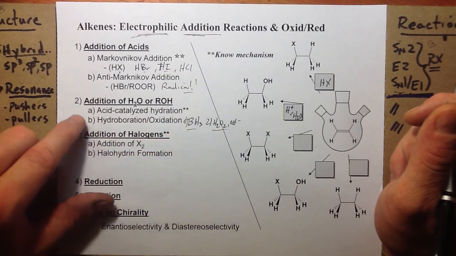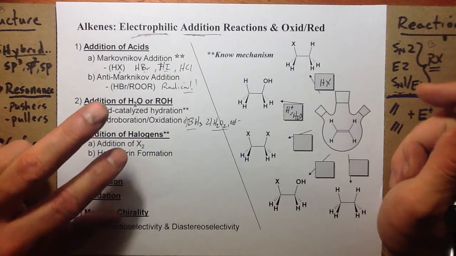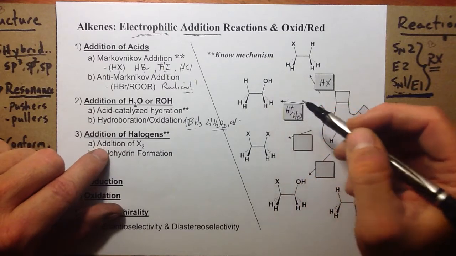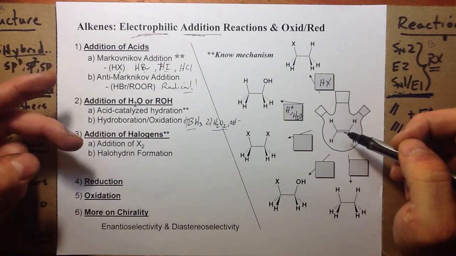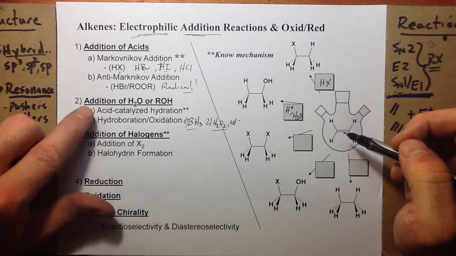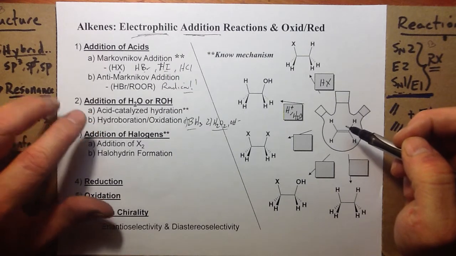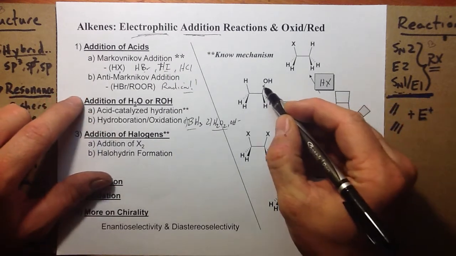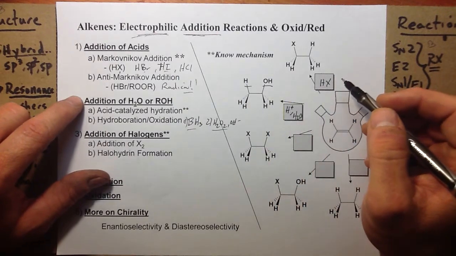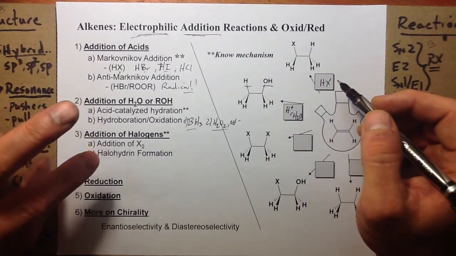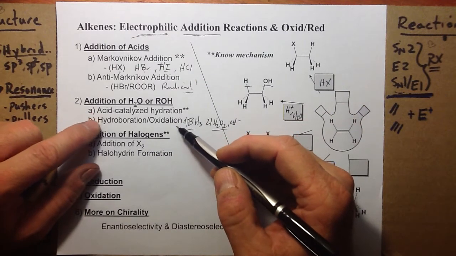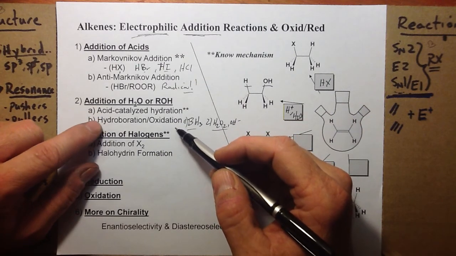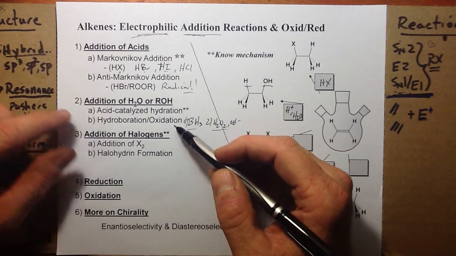So there's, in 2B here, a way we can add water still across an alkene, but in an opposite, anti-Markovnikov manner to 2A. So 2A and 2B give you addition of water across the double bond, but in different ways. This is Markovnikov. This will be, in terms of addition of water, anti-Markovnikov.